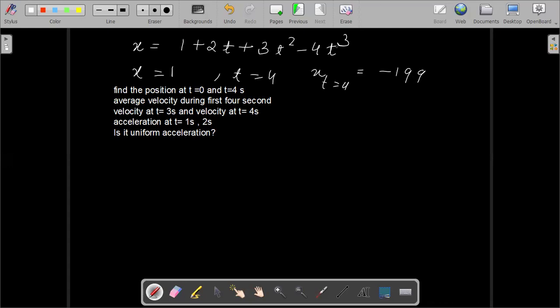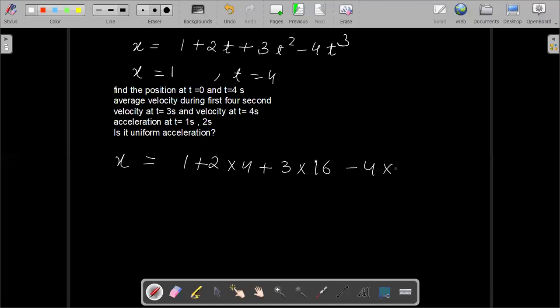So how do you get minus 199? Just check it once more. Yes, sir. x equals 1 plus 2 multiply 4 plus 3 multiply 4 squared, that's 16, minus 4 multiply 4 cube, that is 64.